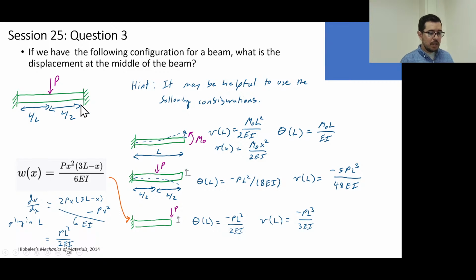This problem is one where you can free this right end, and then you just have this. And this constraint is essentially as if you have a moment and you have a force being applied to it. So you can take a look at that.